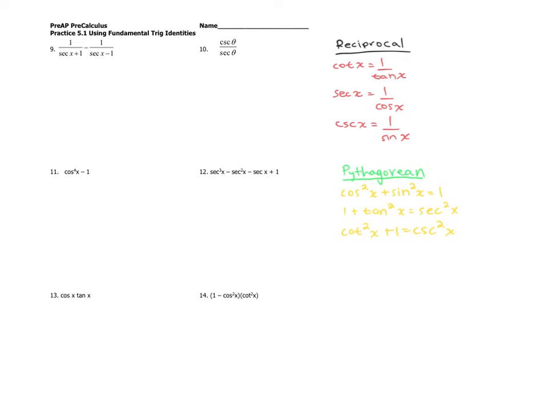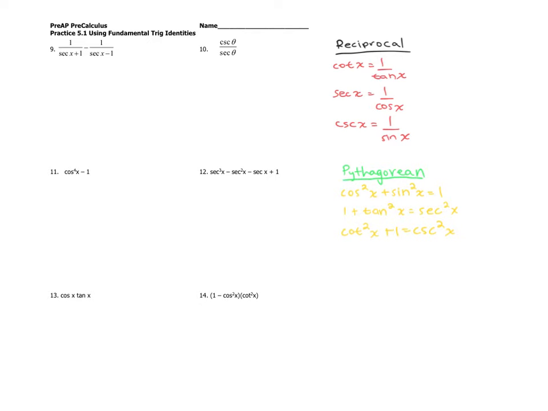We have 1 over secant x plus 1 minus 1 over secant x minus 1. When you see a problem like this with two separate fractions, you want to see if you can combine like terms. Here you can't, so we'll start by making it the same denominator.